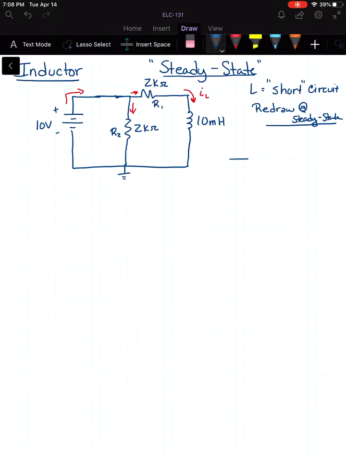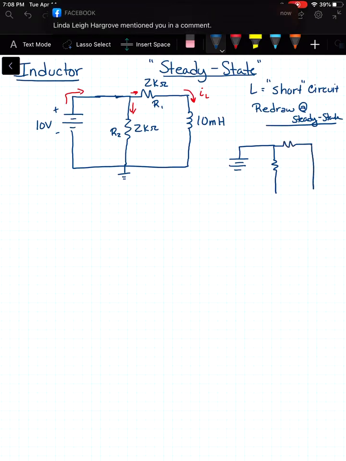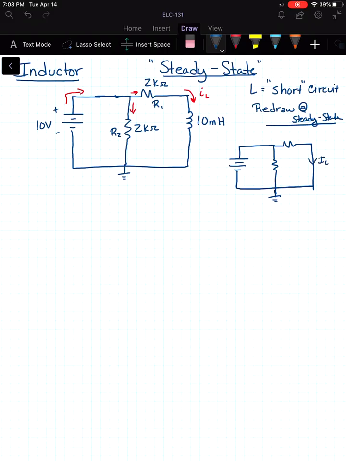Okay, so I'm going to draw the same circuit, and this time I'm going to actually show the inductor right here as a short circuit, and that's where my current would be if I were measuring that in steady state.